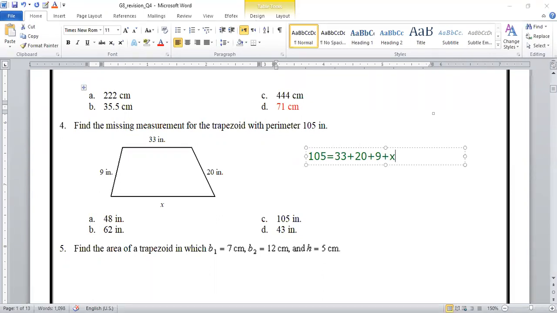So we get 33 plus 20 plus 9 equals 62. 105 equals 62 plus x. A simple equation. We need to get the value of x, so we subtract 62 from both sides.